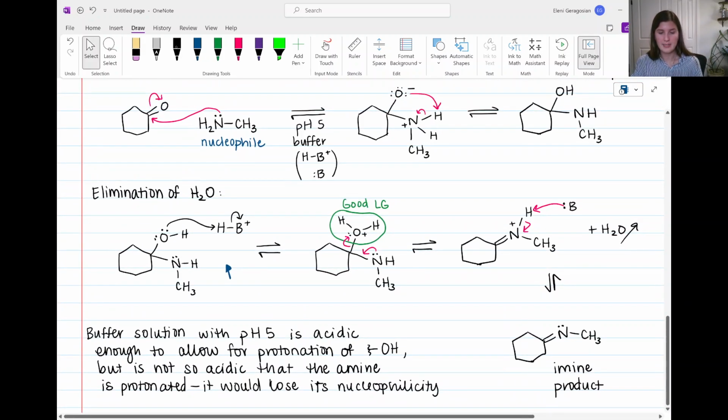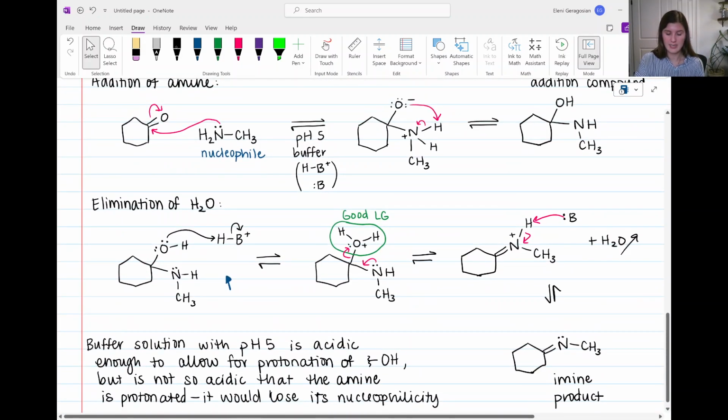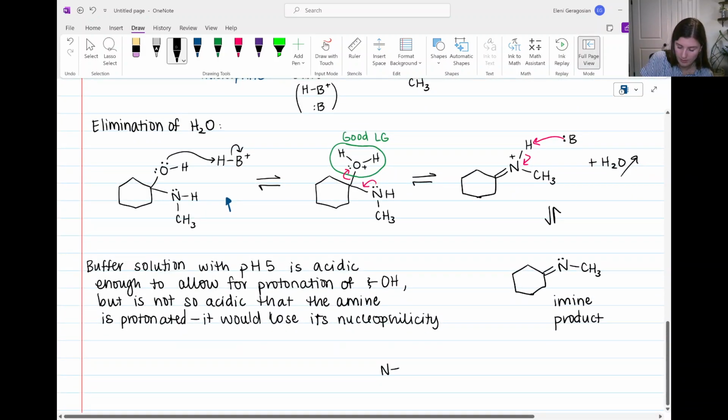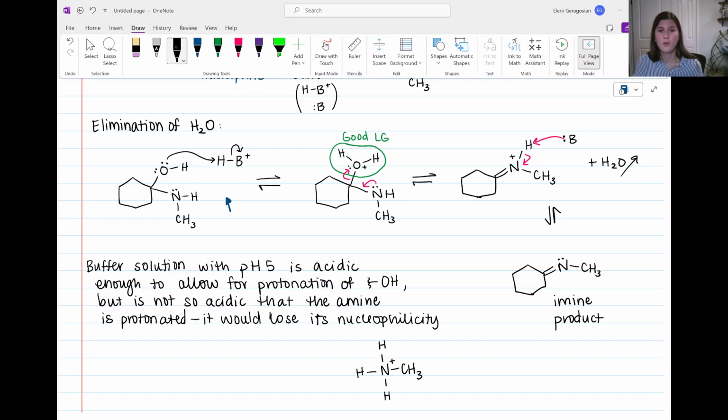So if our amine gets protonated, in this case we used methylamine, that nitrogen gains a proton, then it has 4 bonds, a +1 charge. The nitrogen no longer has electrons that it can donate to create a bond to the carbonyl carbon.